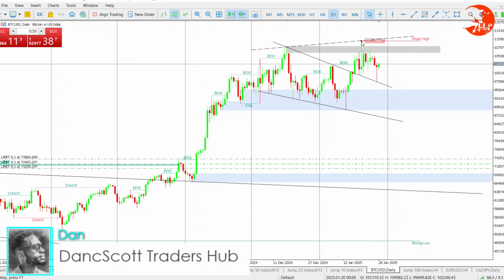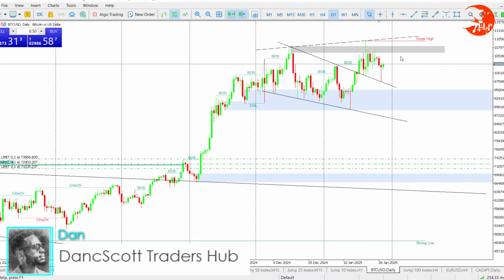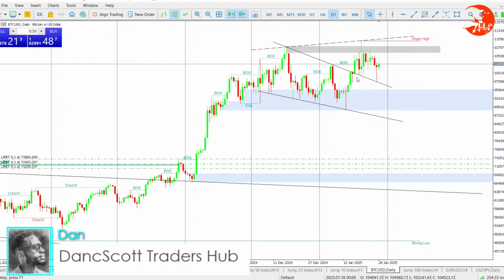It is 109,902. Yeah, that is our all-time high currently, looking at where we are. So I can delete this price arrow, and then now look at daily.